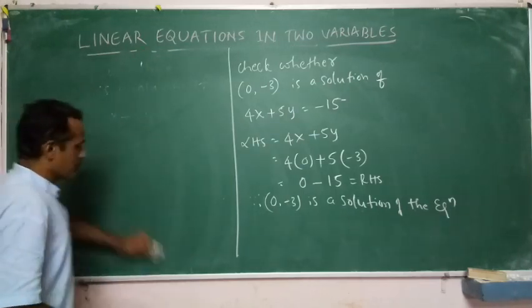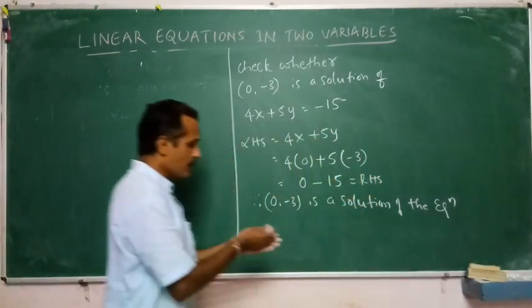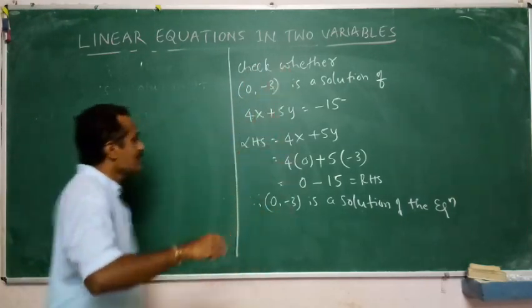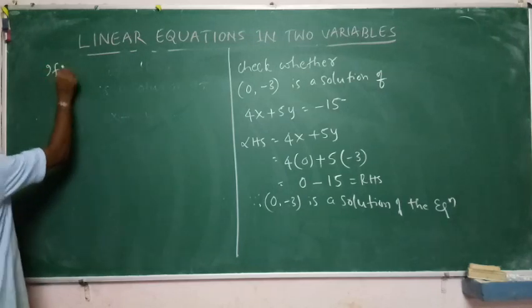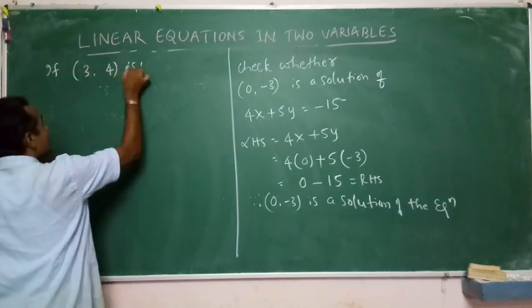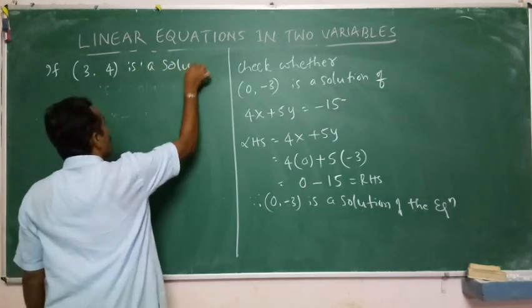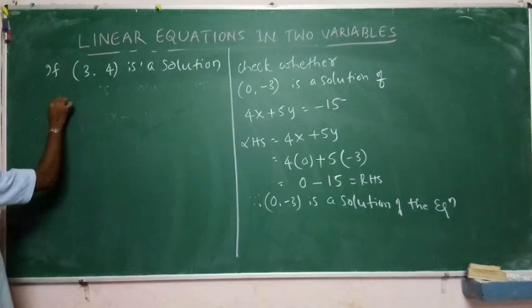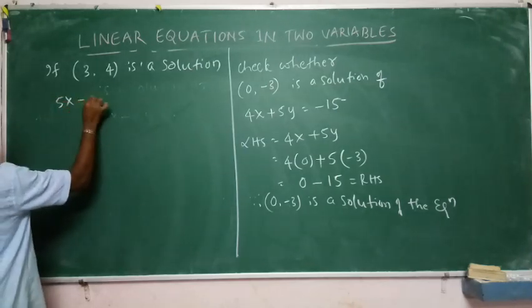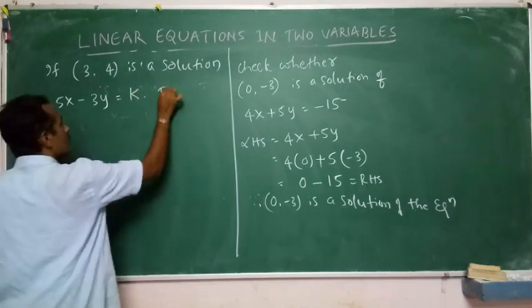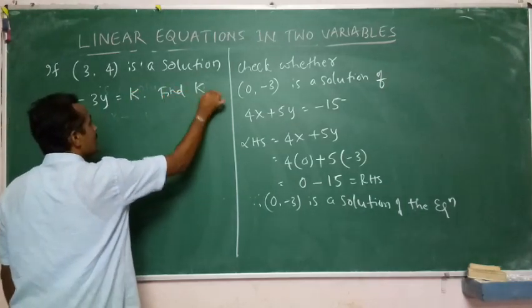Now I will slightly change the problem. I will not ask you to check. I will do it like this. If (3, 4) is a solution of 5x minus 3y is equal to k, find k.